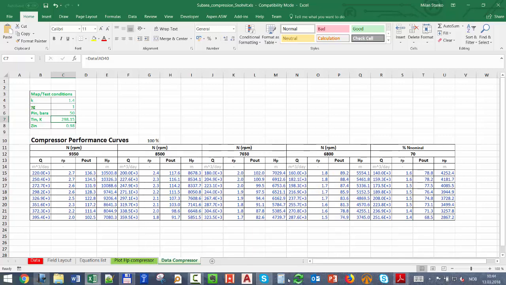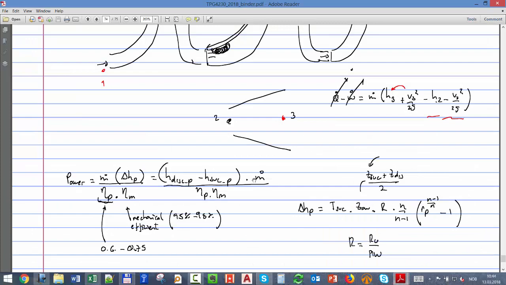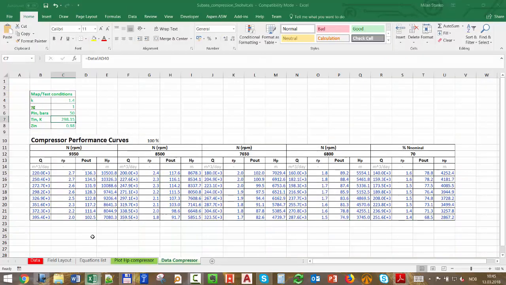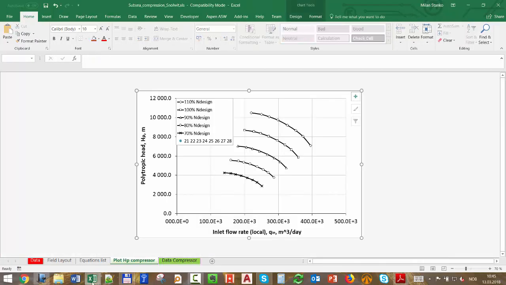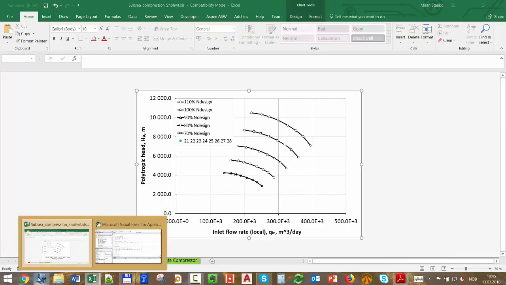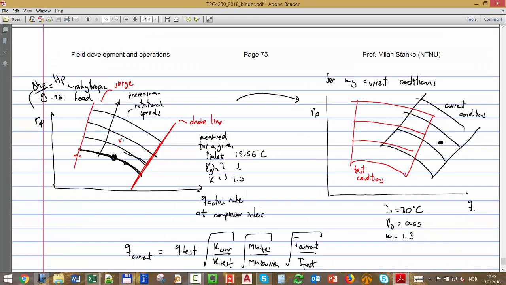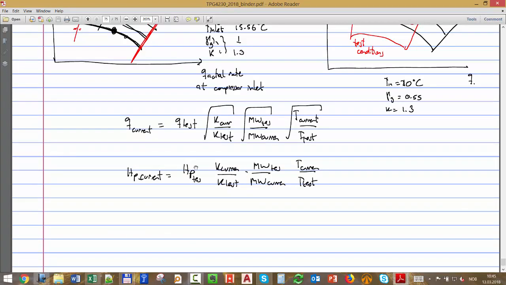So I told you that what we can do is, with our conditions, we can make the transformation to convert each point to my current conditions, or we can just use the same map at the test conditions, and convert our point to the test conditions, just using this equation.